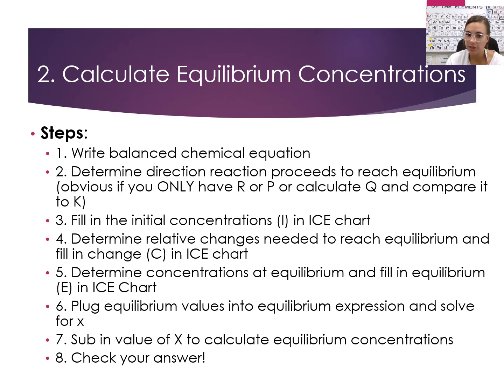Once we've established that, we can fill in our initial concentrations of our ice chart. We can fill in the C row, and then we can fill in the E using the expression of combining I with C. Then we plug in those E expressions to the equilibrium expression, set it equal to K, and solve for X.